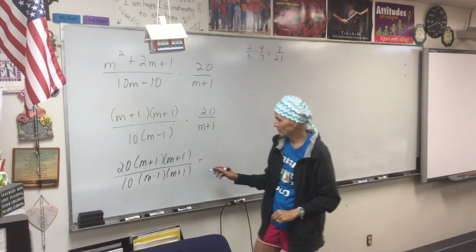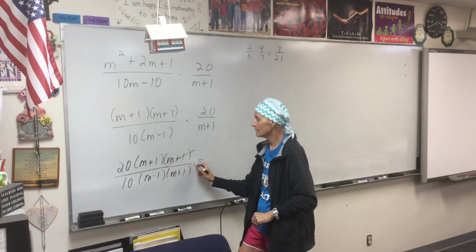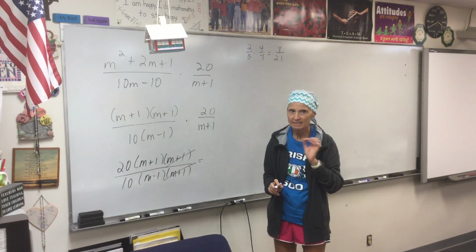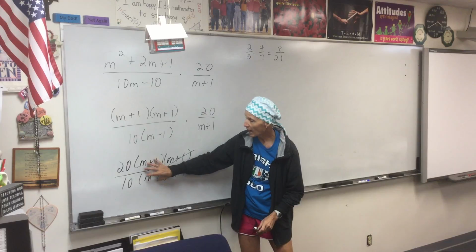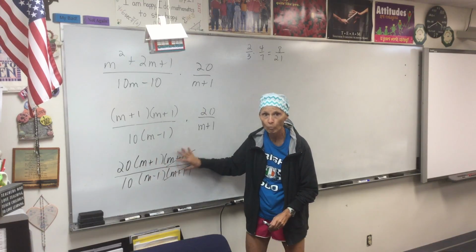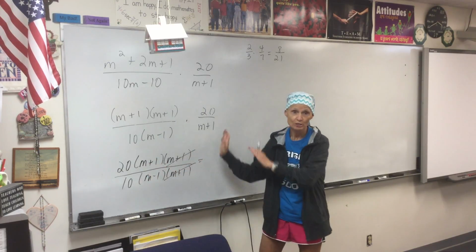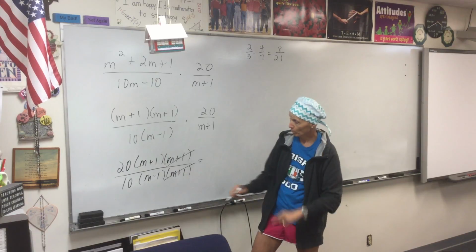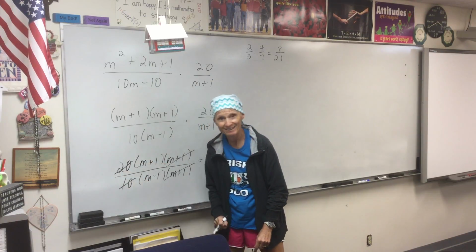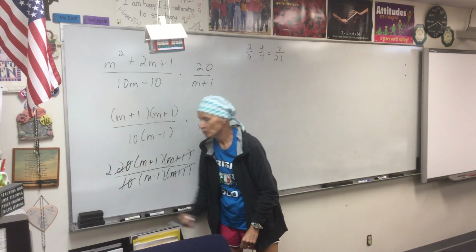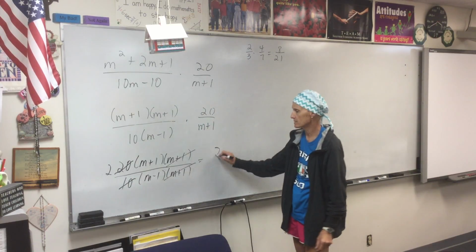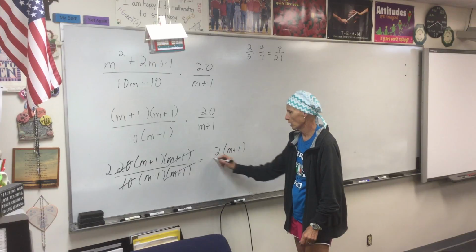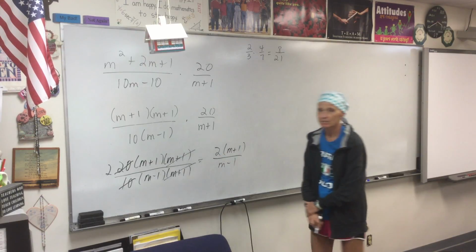So now I am allowed to cancel whole factors, not pieces of factors. You're not going to see me cancel this m and this m. I have to cancel the whole factor. So these two match, so out they go. Furthermore, I have 20 over 10. That reduces to 2 over 1. So my answer becomes 2 times m plus 1 over m minus 1.